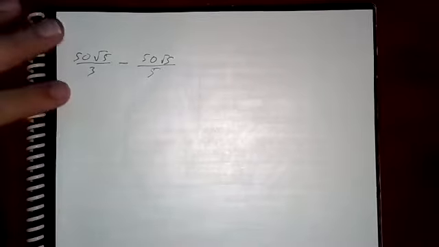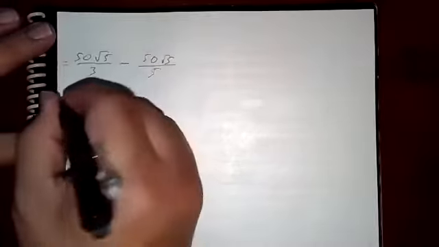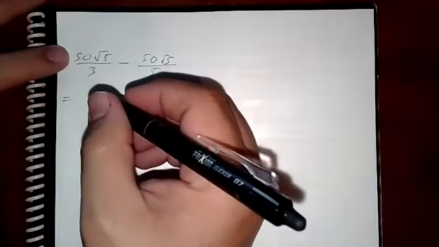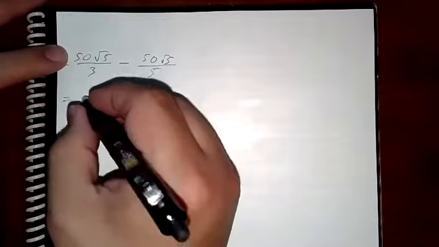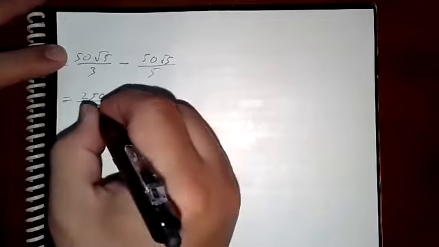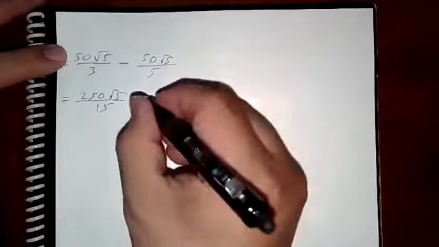Okay, so common denominator, multiplied by 5. That'll give us 5 times 50, that's what, 250? 3 times 50 would be 150.